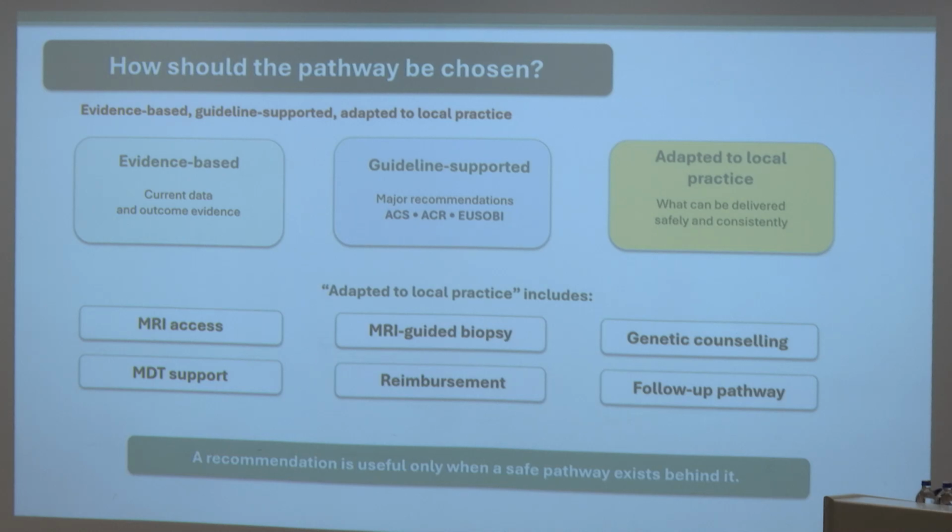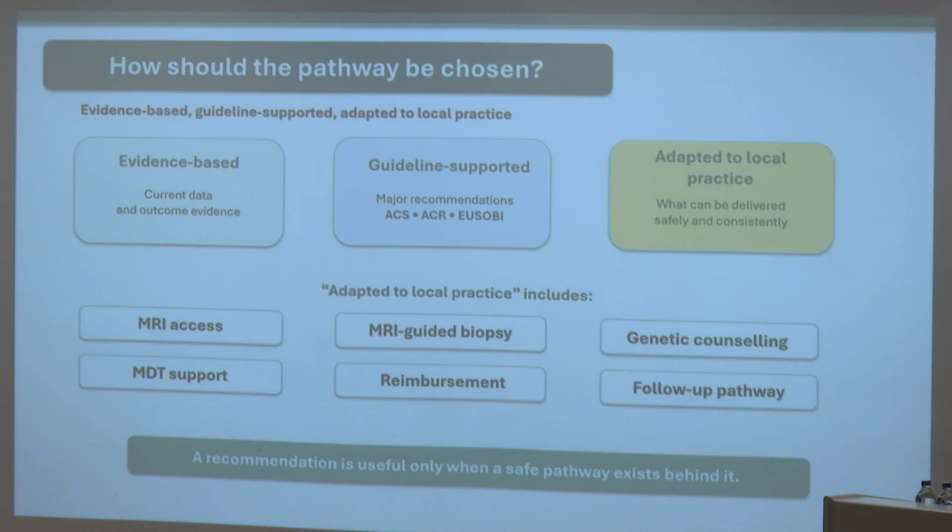Adapting to local practice includes MRI access, whether MRI is available, and whether there is access to MRI-guided biopsy, because if you do the MRI and find something but there is no ability to do an MRI-guided biopsy, it is not workable.